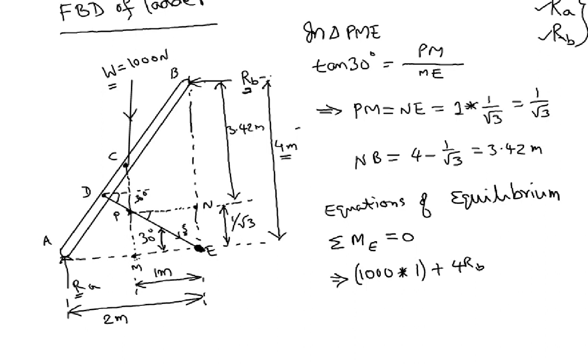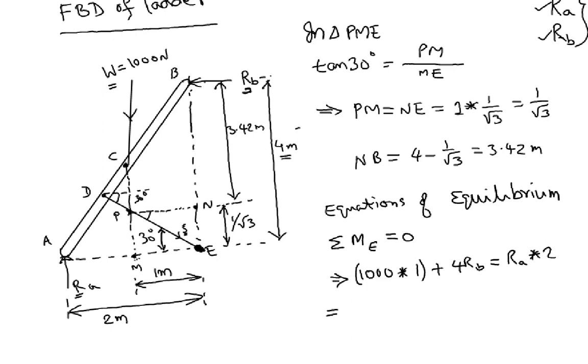Then there is the other force RA. This force RA is creating a clockwise moment, so it is negative, and I take that to the other side of the equal sign: RA multiplied by the perpendicular distance from E to the line of action of RA, that is 2.